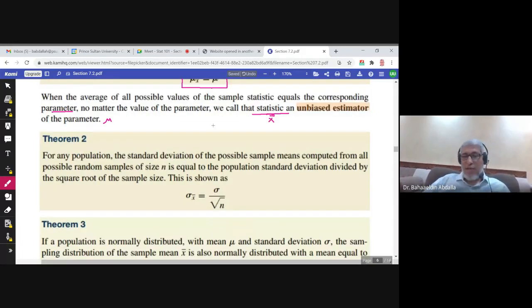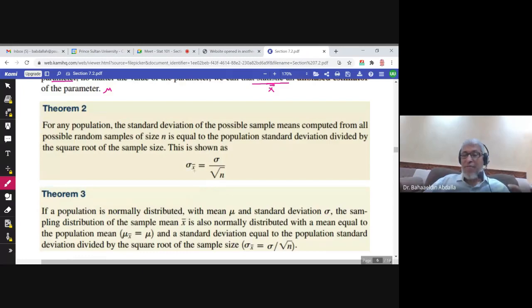What is theorem 2? Theorem 2 will give you sigma X bar. We have seen that sigma X bar is less than sigma. But is there a relation between sigma X bar and sigma? Yes, this is the relation. Sigma X bar is sigma over square root of n.